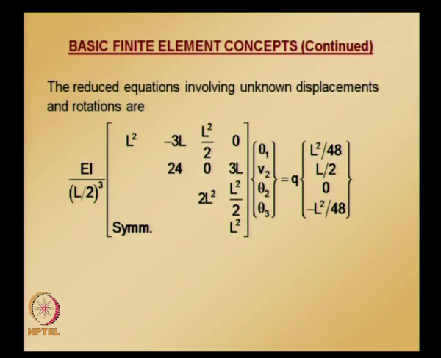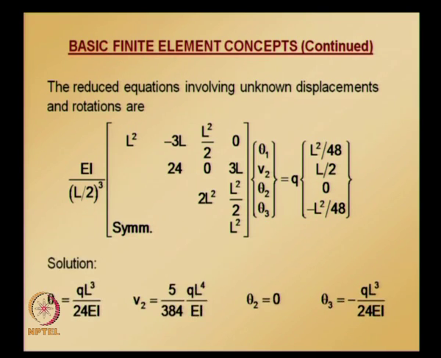This is the reduced equation system, and if we solve this equation system using any of the symbolic computations or software which can do symbolic computations, we get the solution for theta 1, V2, theta 2, V3.